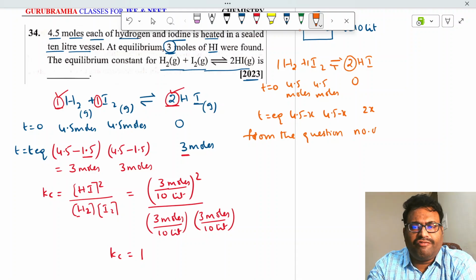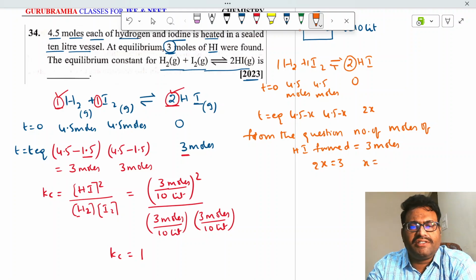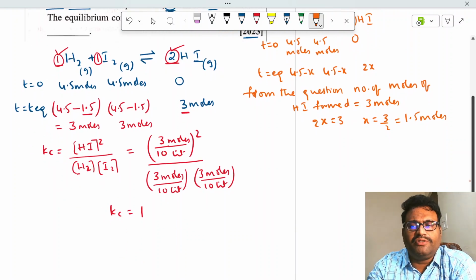From the question, the number of moles of HI formed is how many? 3 moles. That means 2x is equal to 3. Then what will be x? x is equal to 3 by 2, that is 1.5 moles.